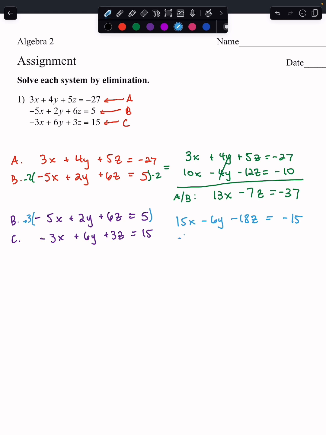Negative 3x plus 6y plus 3z equals 15. And now we're going to add straight down. That becomes 12x, and then minus 15z equals 0.